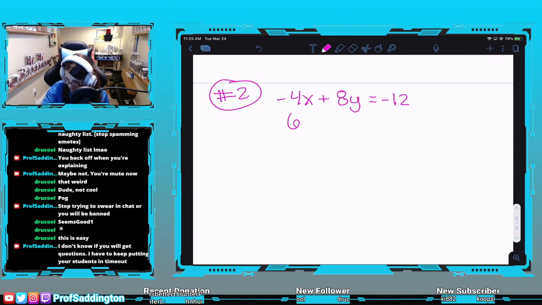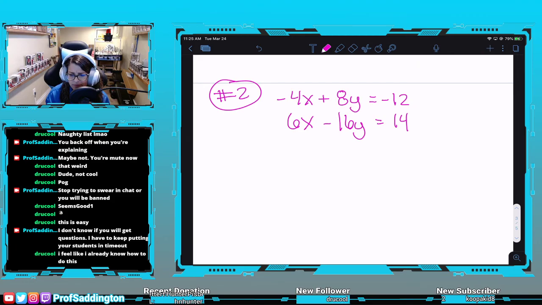In the bottom looks like 6x minus 16y equals 14. You may already know how to do this in 8th grade. This was a topic. We're just kind of bumping up the numbers a little bit in Algebra 1. So a lot of you may recall this from 8th grade. All right, so again, I need to pick a variable.